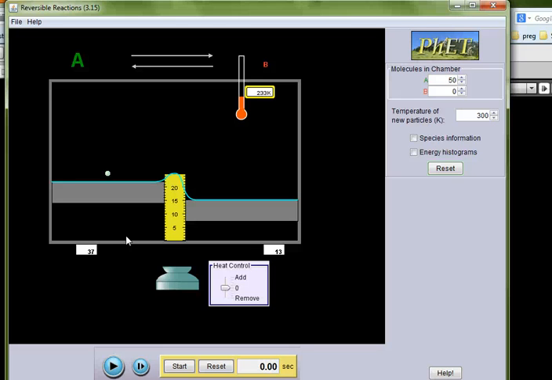This reaction is actually exothermic in a sense, but the reaction quotient for the reaction at this stage, we have 50. The reaction quotient is 0 divided by 50, which is 0, right?